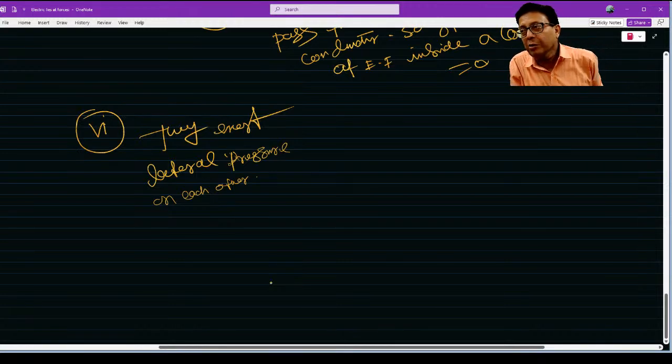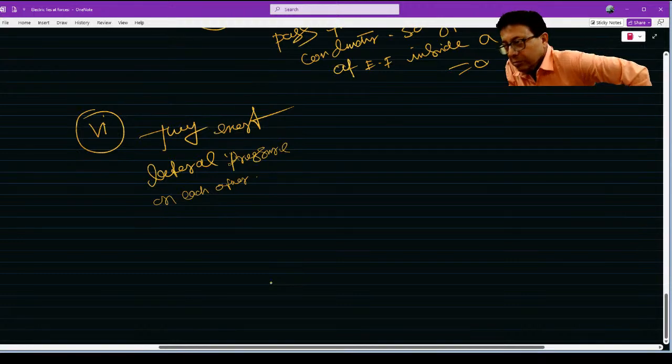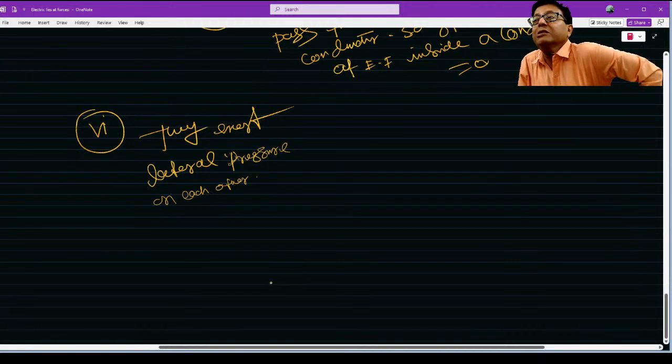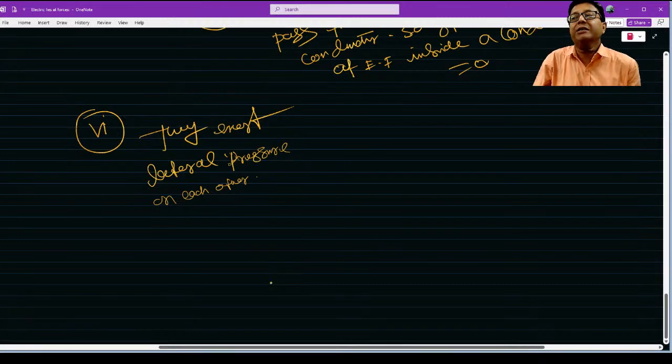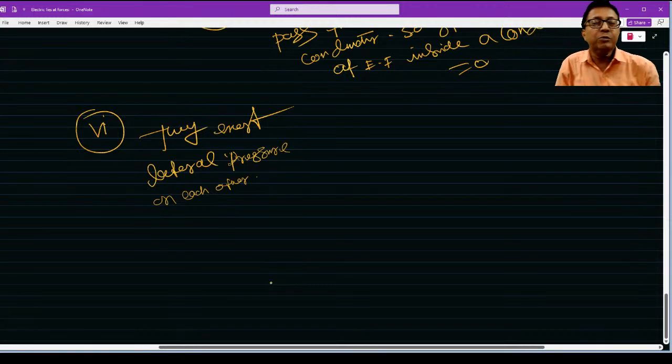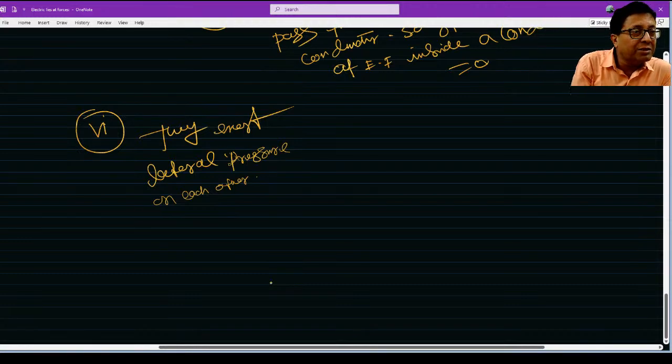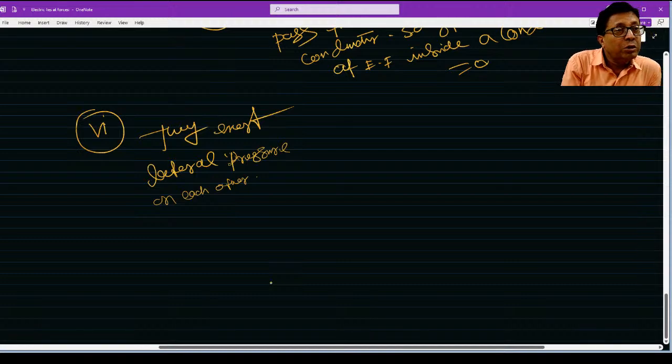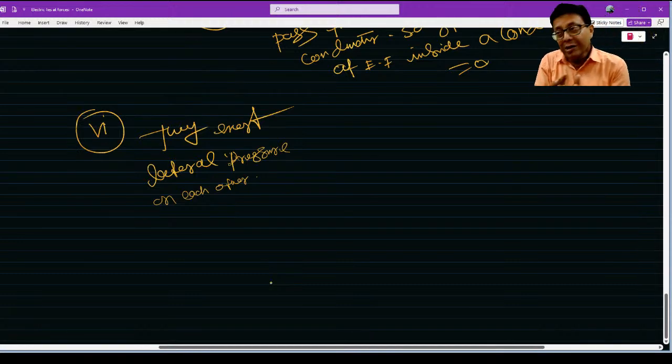What is the effect of it? Lines of forces length will be increased. They exert lateral pressure on each other, so they will be elongated longitudinally.